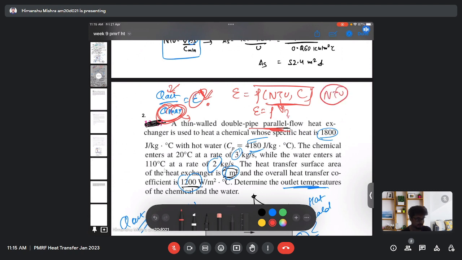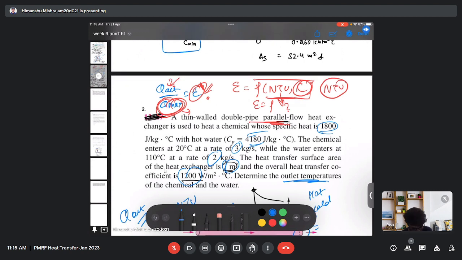To calculate NTU we need the heat capacity. So there is a step-by-step procedure. First calculate the heat capacity ratio, then calculate NTU.